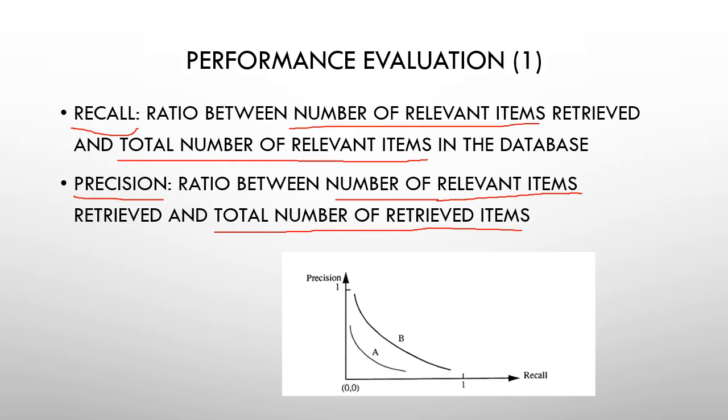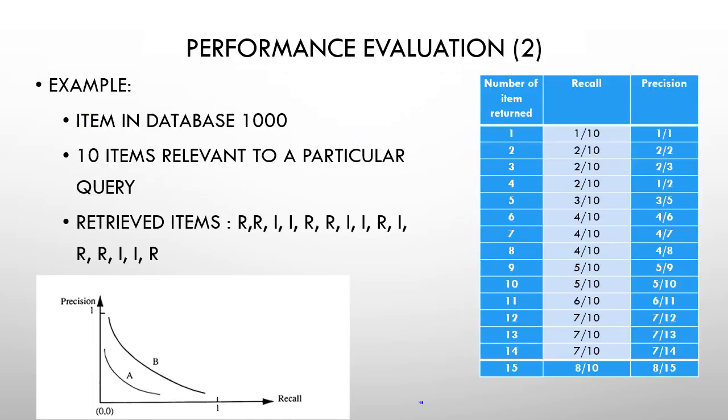Normally for our system, we have a performance like this one, like A or B. Now, which one is better, A or B? That's the question. So let's take an example like this one.